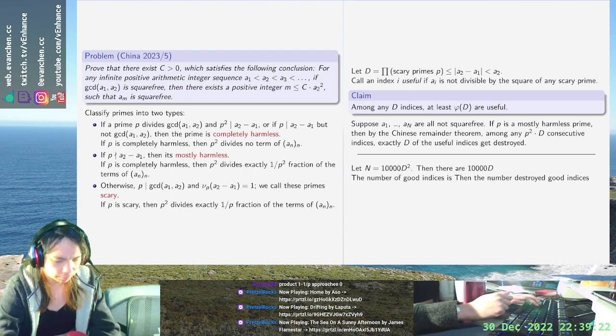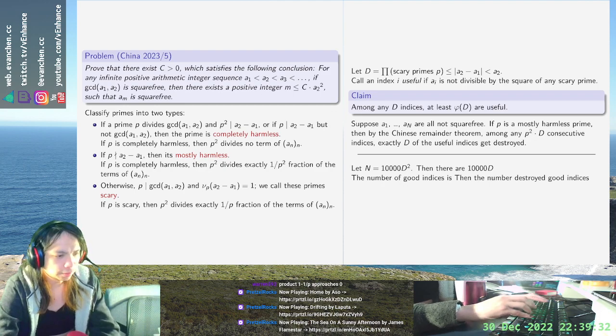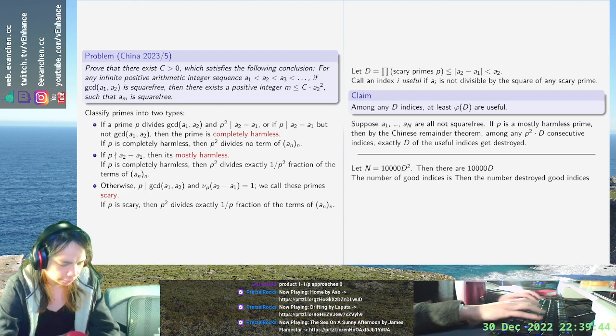Meanwhile, the mostly harmless primes that come into play are those with p less than a sub n, which is less than n times, or is this bounded by n times a2?